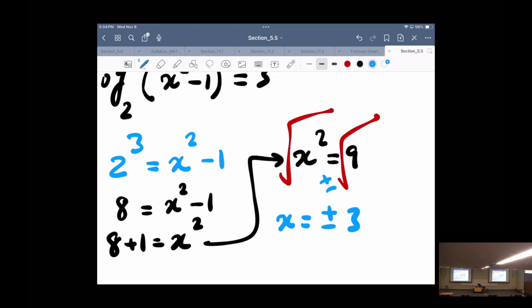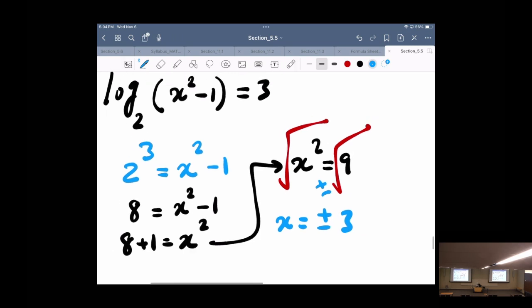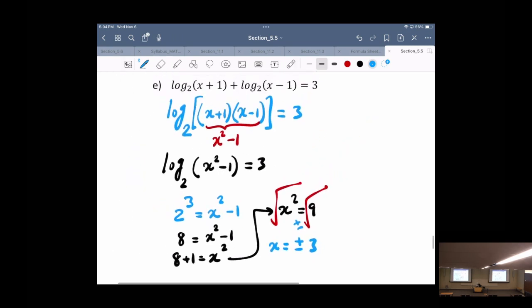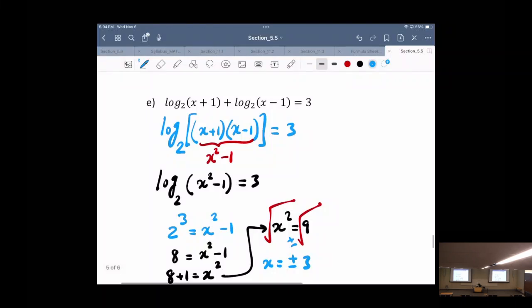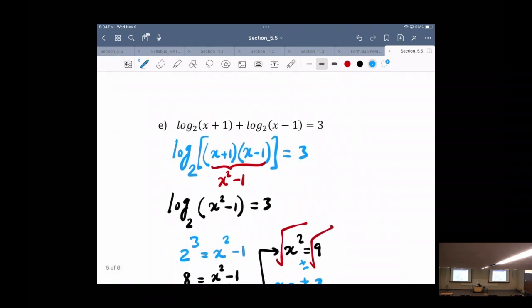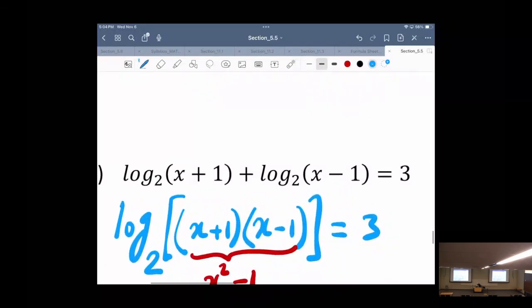So far this tells us that this should be our solution. But with these problems, we can't just accept these solutions right away. We need to look back and see if they check out. So let's check back with this expression.